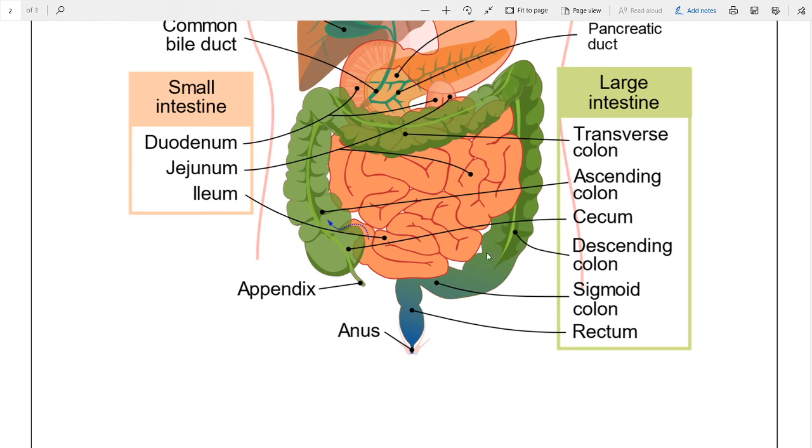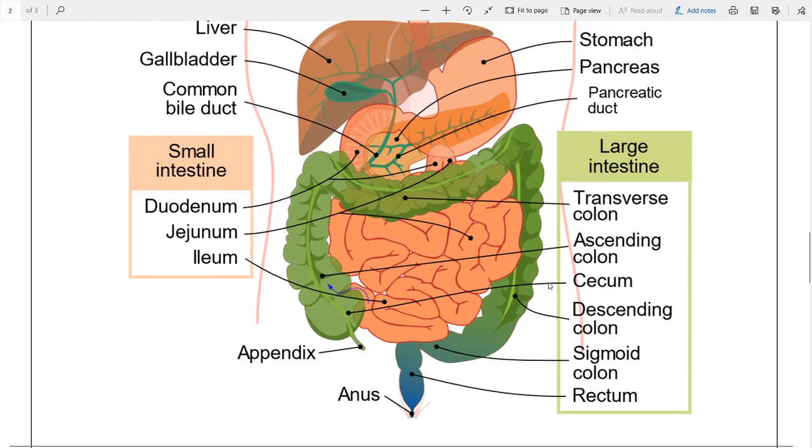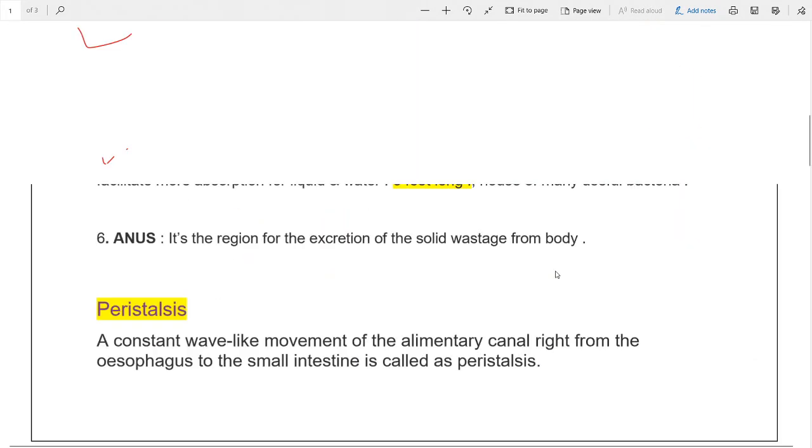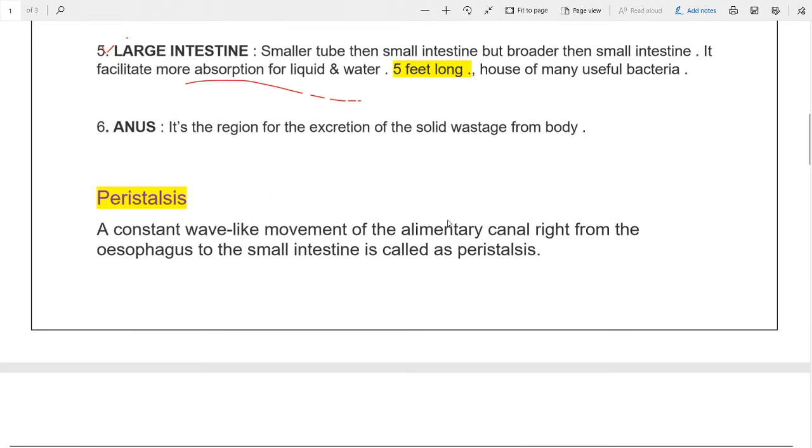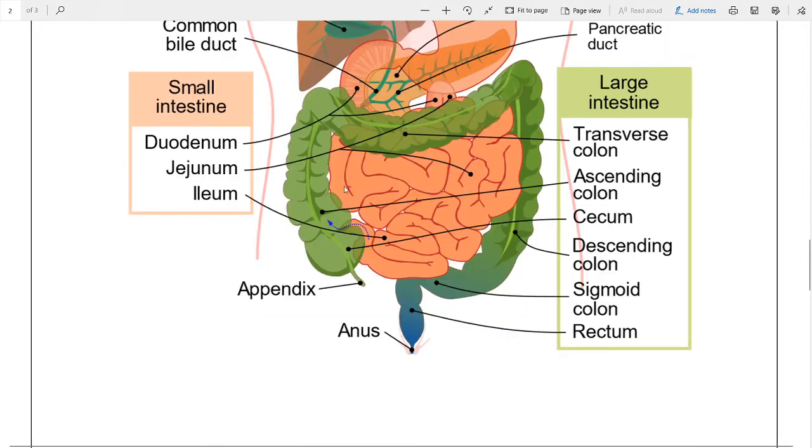This is the descending colon, and this large intestine is basically used for absorption of water molecules, water or liquid substance. Means the absorption of liquid and water takes place in the large intestine. It is approximately 5 feet long. The small intestine is 20 feet long, and the large intestine is 5 feet long.